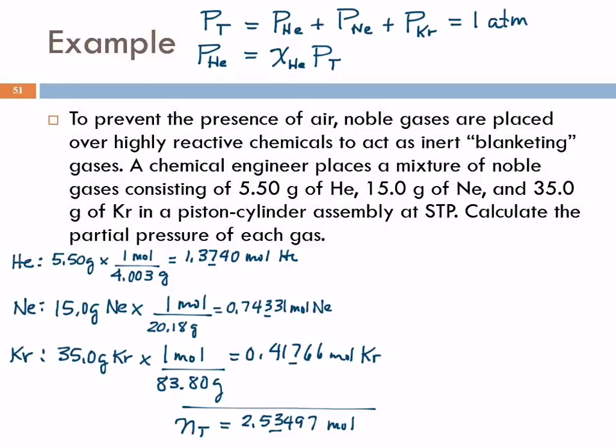So the mole fraction for helium is going to be 1.3740 moles divided by 2.53497 moles. So the letters is what makes it more confusing.